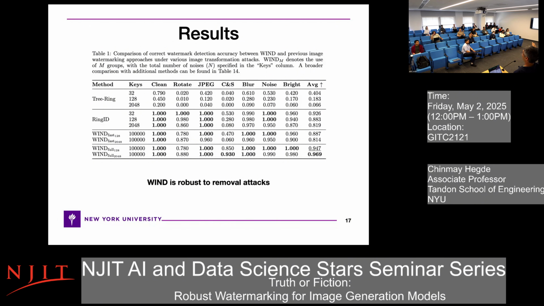RingID is a slightly better way of implementing tree rings. And the WIND methods are different instantiations of our approach with different parameters. So higher numbers are better. It's a sort of area under the curve for detecting the watermark under these attacks. And as you can see, our numbers are the highest, at least for these kinds of attacks.